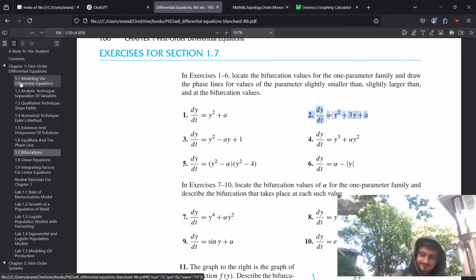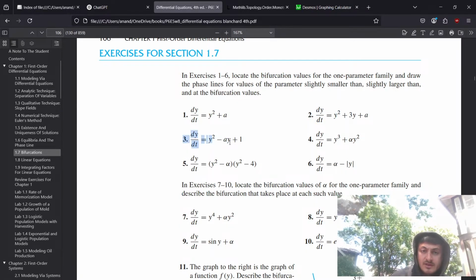Anyways, so what we're going to do is the quadratic formula again. Let me just highlight. We're doing this one now.